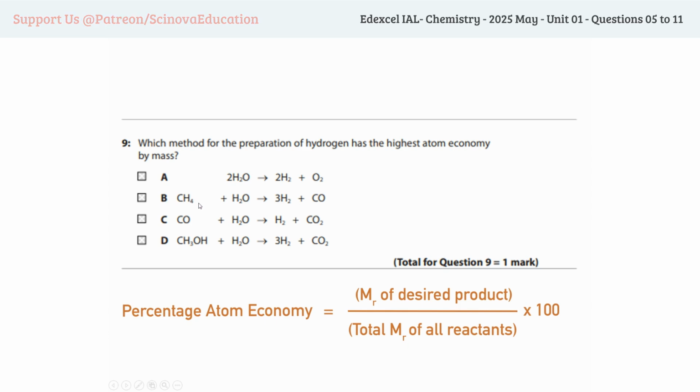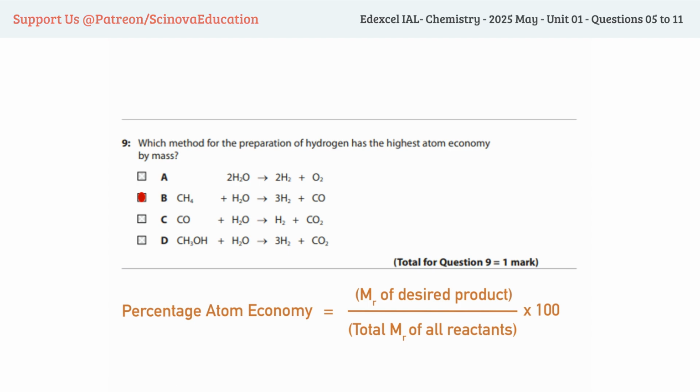In B, 16 plus 18, almost similar mass of reactants, just a difference of 2. But option B is giving 3 hydrogens, whereas option A is giving 2 hydrogens. So the highest percentage atom economy can be expected from B. So the answer is option B.